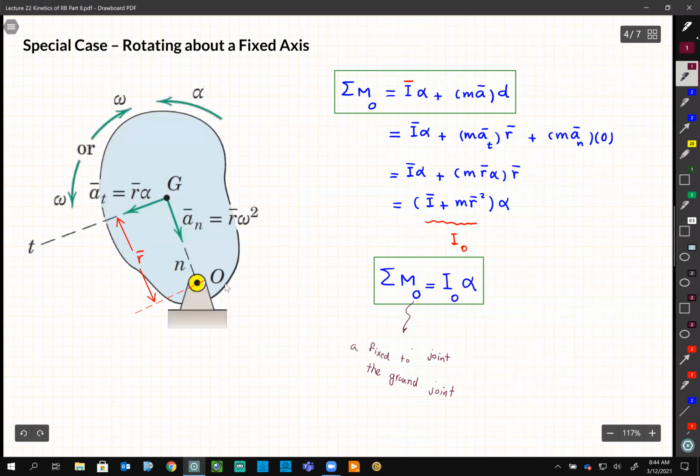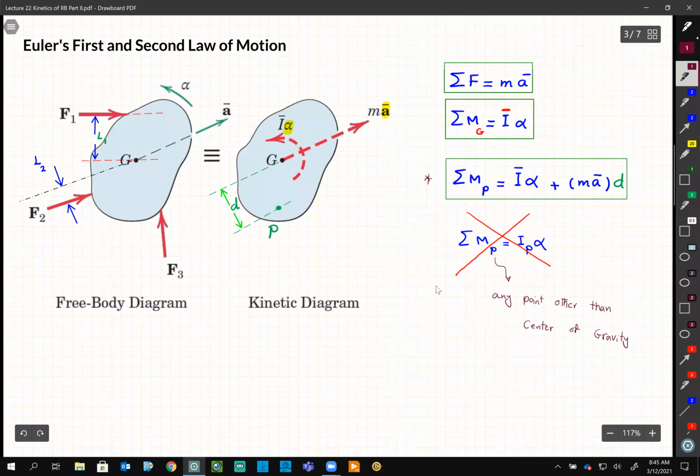And that's why sometimes students make mistakes. They look at this formula and if they are writing the equation for any other point P, they just say, oh, okay, it is IP alpha, and this is a bad mistake.